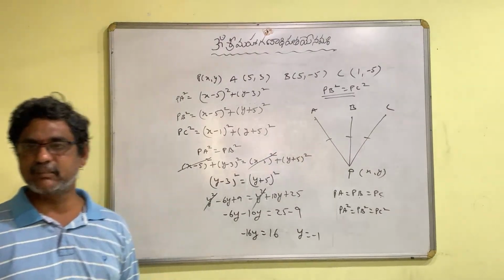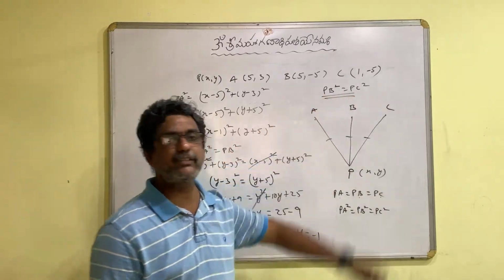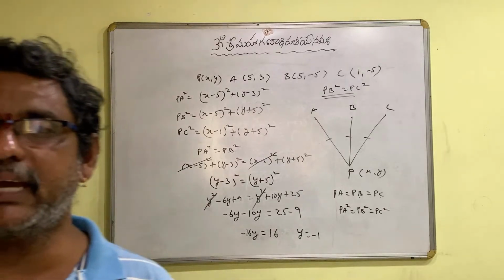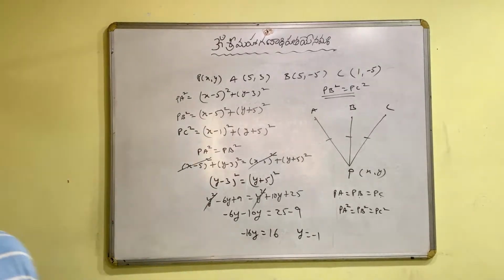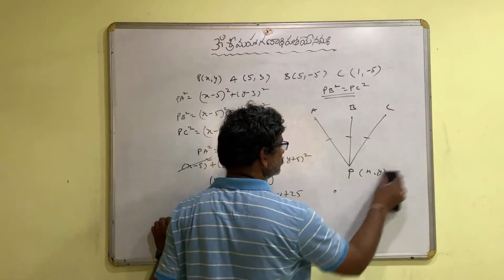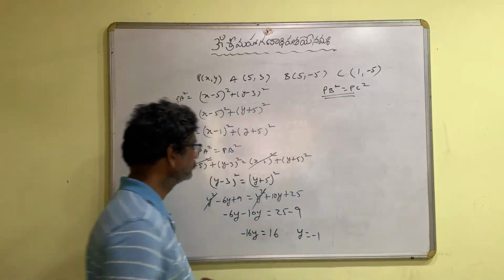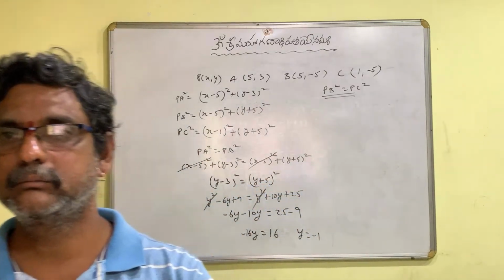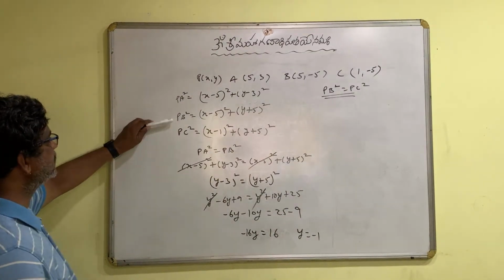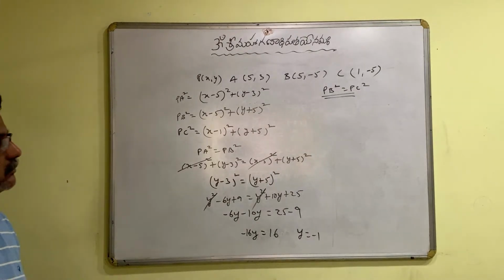In order to get the x value, children, equate PB square is equal to PC square, you will get the x value. Make it fast.